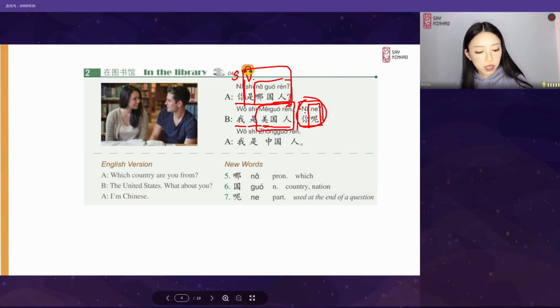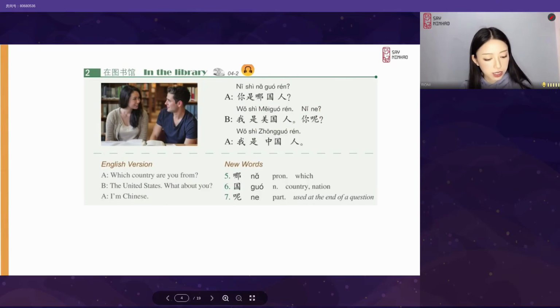So 你呢 actually is asking what's your nationality? Where are you from? What about you? And A answered, 我是中国人. I am Chinese. Okay, this is a really easy text.